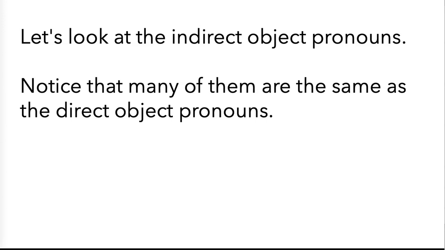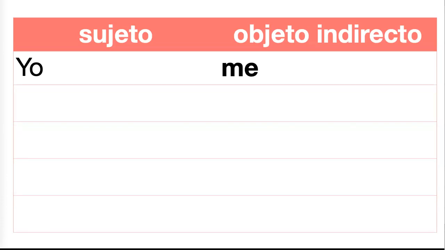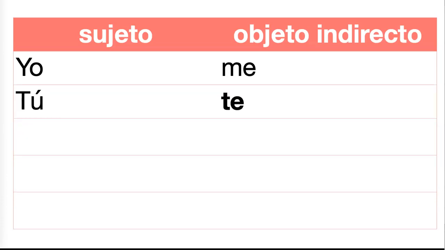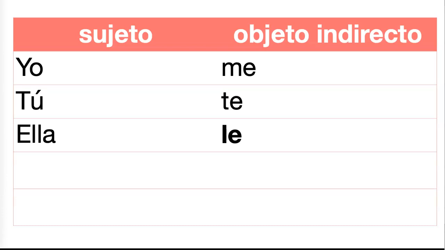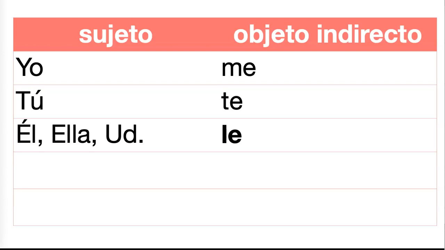Let's look at the indirect object pronouns, all of them in a list, and notice that many of them are the same as the direct object pronouns. If my subject is yo, the indirect object is me. For tú, te; él, le; ella, le; usted, also le.